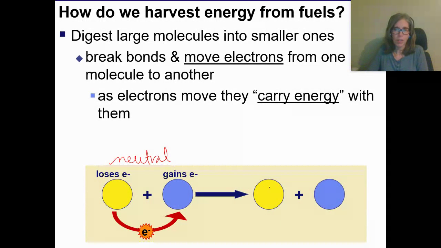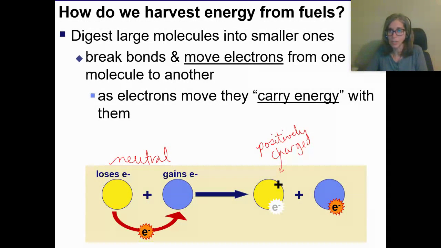And so this one has lost an electron, which means it's lost a negative, which means it's not as negative, so it's positive. So this means that it's a positively charged ion, a cation. And then this one has gained the electron. So this little white part here means it's like missing, right? The orange part means it's got the electron.